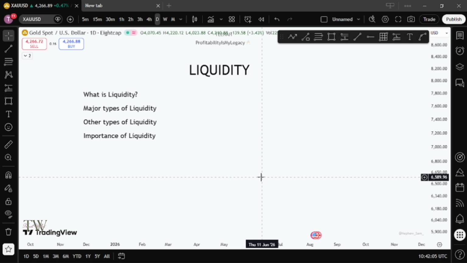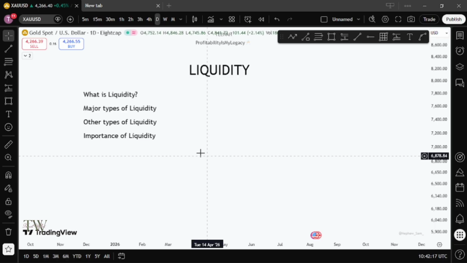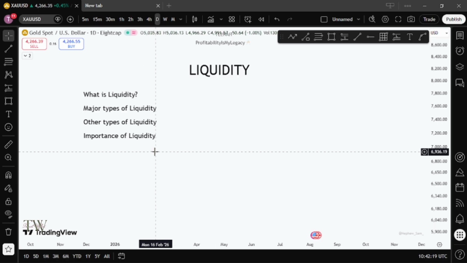The second type is transactional liquidity, and the last major type is structural liquidity. I'm going to explain it in the best way possible, and then we talk about the other types of liquidity.